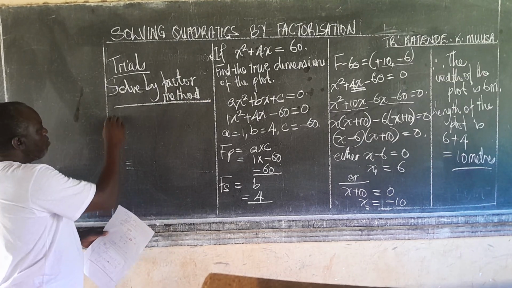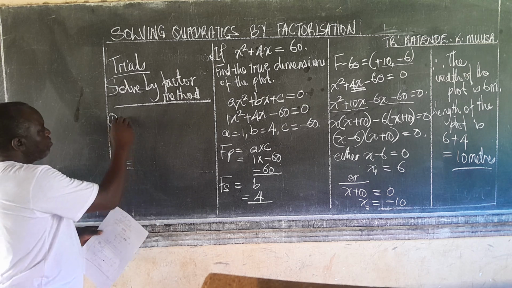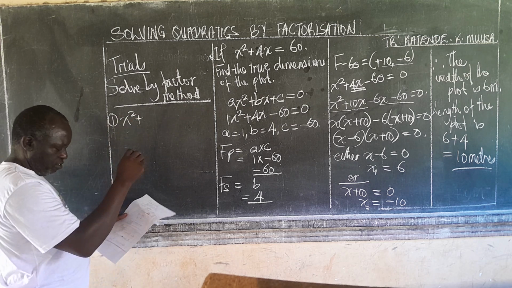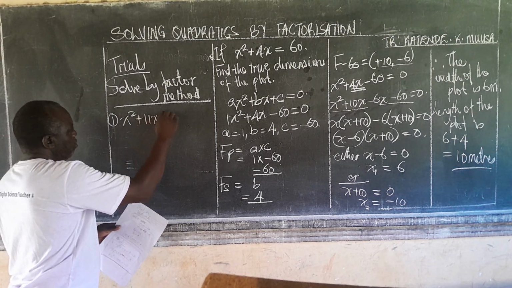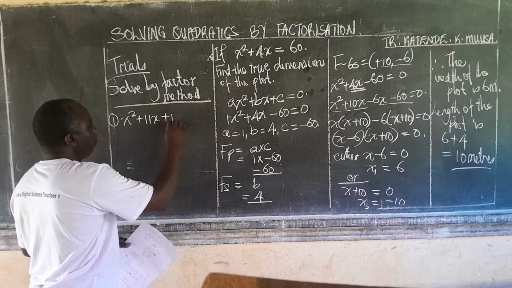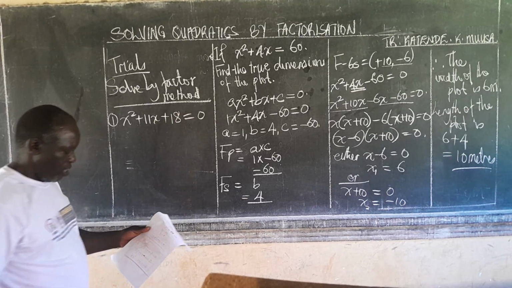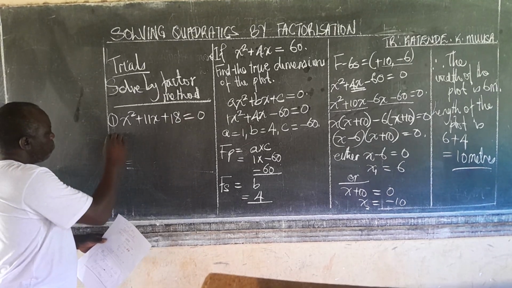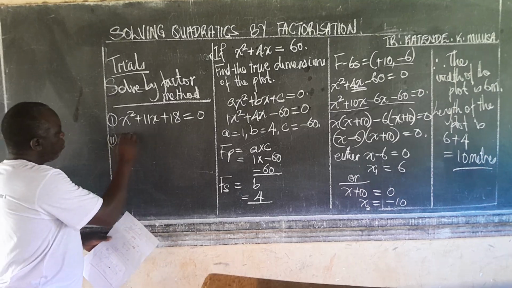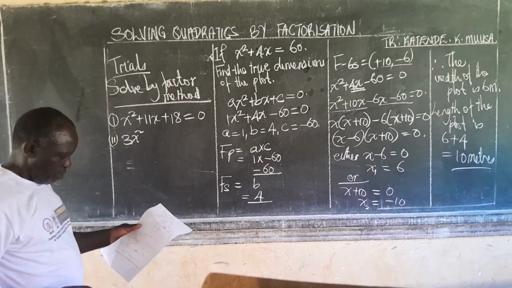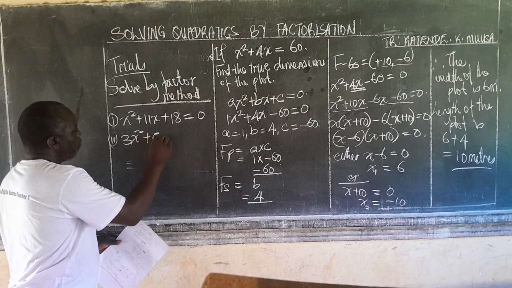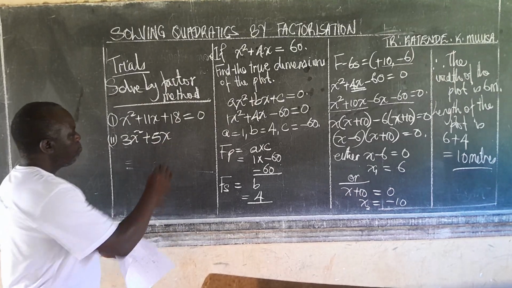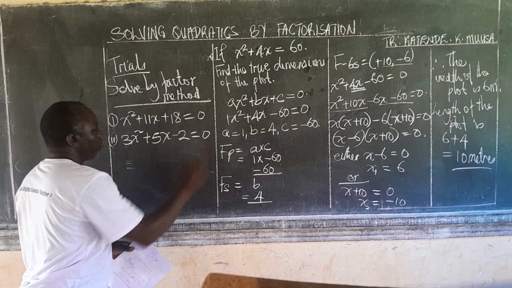Here we have number 1: x squared plus 11x plus 18 equals 0. And then number 2: 3x squared plus 5x minus 2 equals 0.